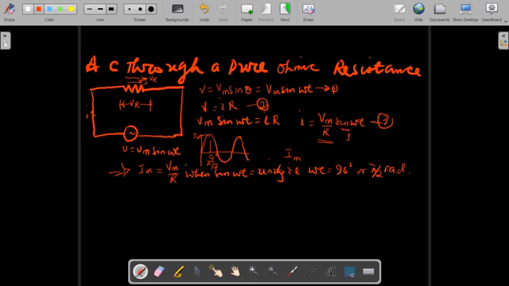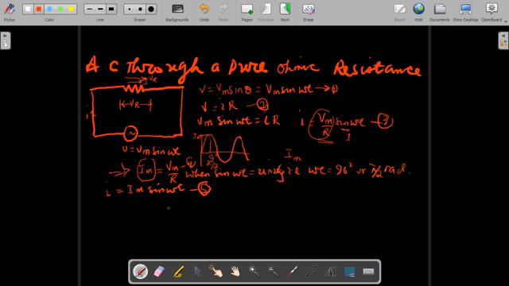Now let's call this our fourth equation. Now, substituting this Im for Vm over R in the third equation gives us i = Im sin ωt. So let's call this our fifth equation.